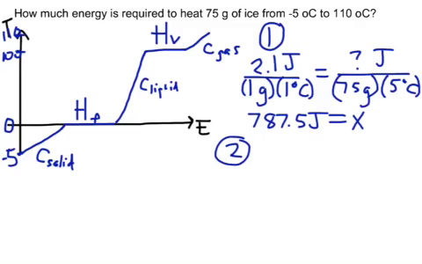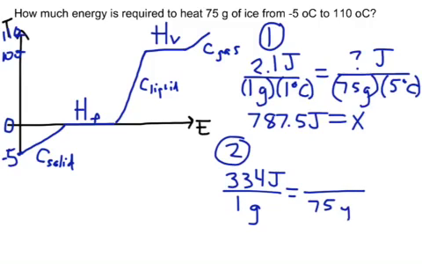So energy is being used to separate those particles and allow them to slide past one another. The heat of fusion of ice is 334 joules for every 1 gram. But we don't have 1 gram, we have 75 grams, so we need 75 times as much energy. And so we're going to calculate how much energy we need for 75 grams.